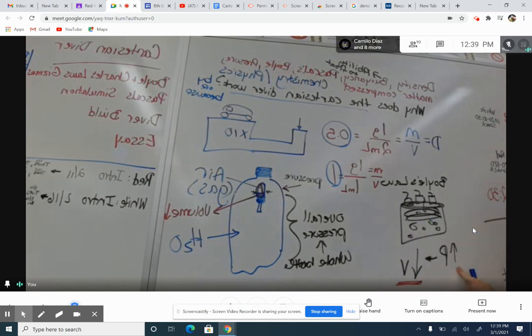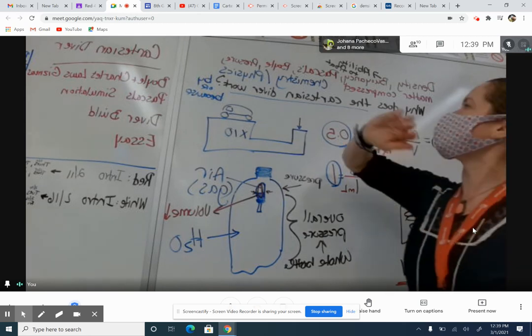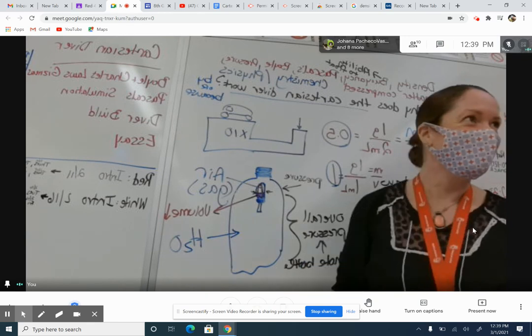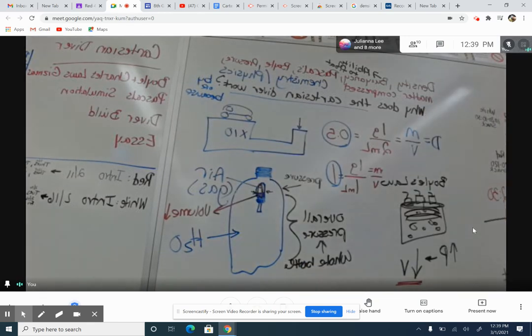So if pressure increases, volume decreases, going back to explaining how the density changes, making the diver sink. One last thing. Pressure increases, volume decreases. And whose law is that? Boyle. Thank you.